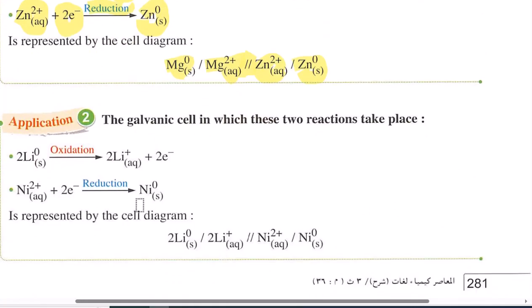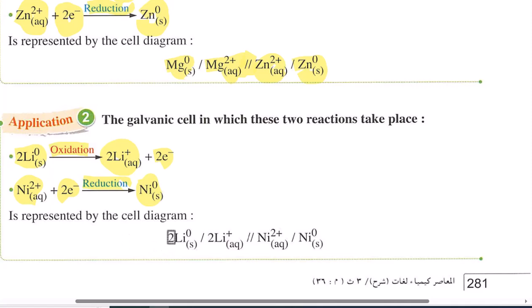Another example, the galvanic cell in which these two reactions take place: 2 lithium 0 solid undergo oxidation by losing 2 electrons and are transformed into lithium positive aqueous plus 2 electrons. And on the other hand, at the cathode, nickel positive 2 aqueous is reduced by 2 electrons, undergoes a reduction process and is transformed into nickel 0 solid. It is represented by the cell diagram.